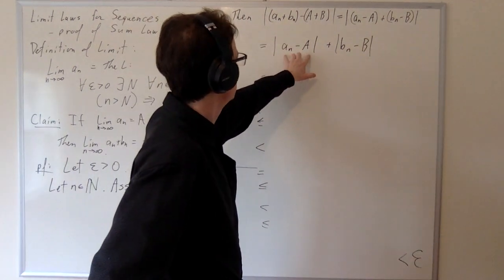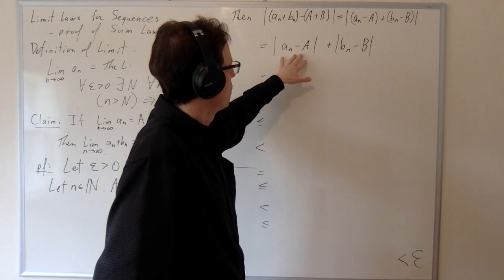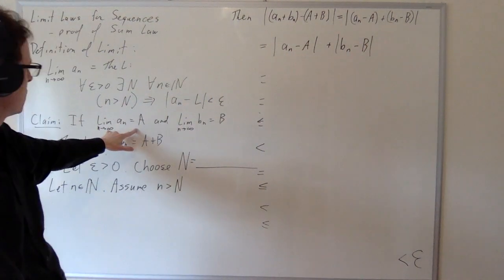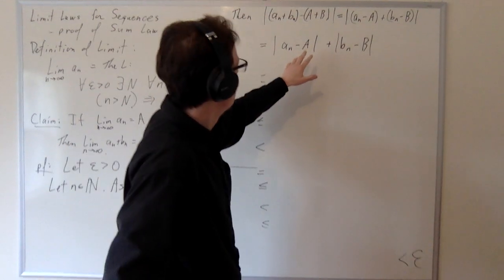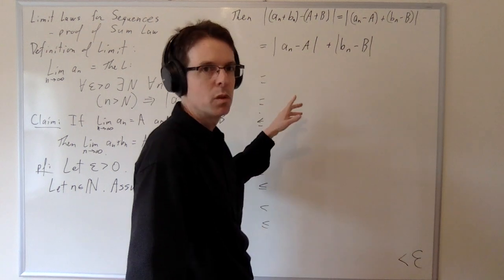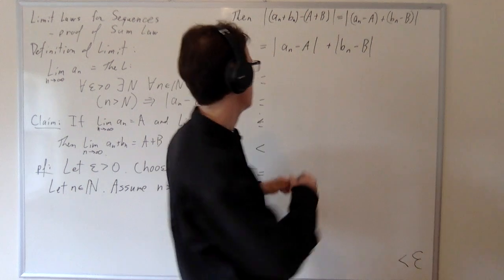That's easier to think about because this absolute value is something we'll be able to reason about using the definition of the limit. And this one, similarly, for the two limits that are assumed. But is this true? Is it true that the sum of the absolute values is equal to the absolute value of the sum? Well, sometimes.